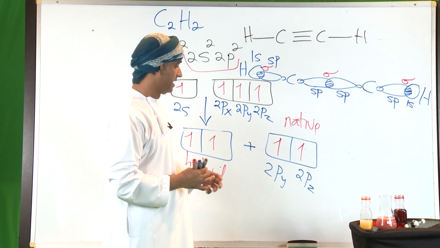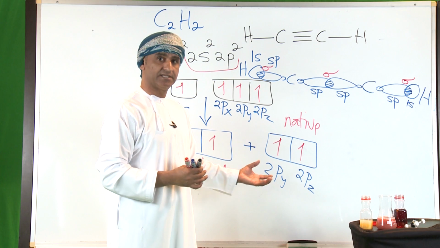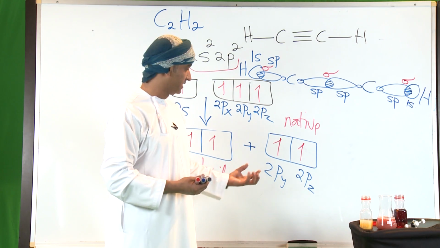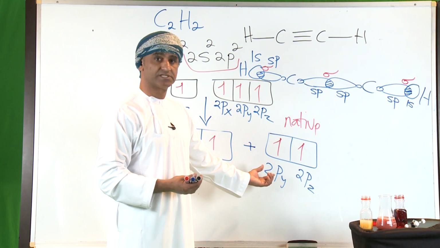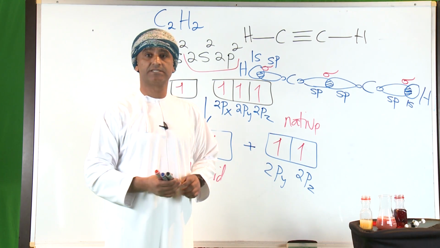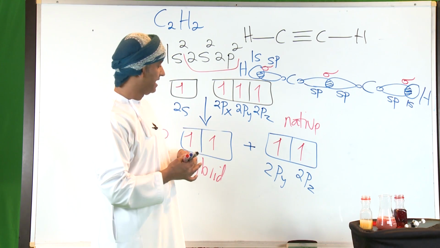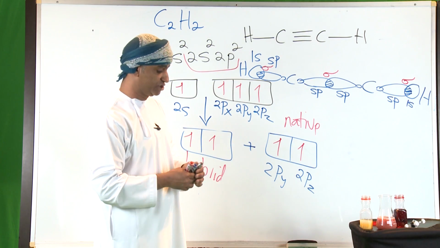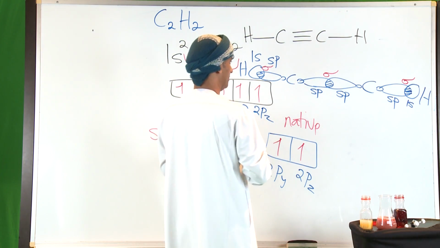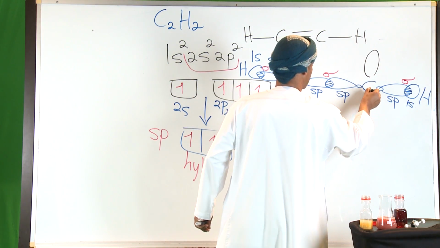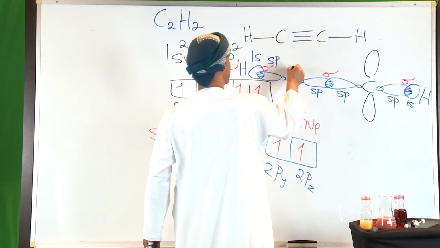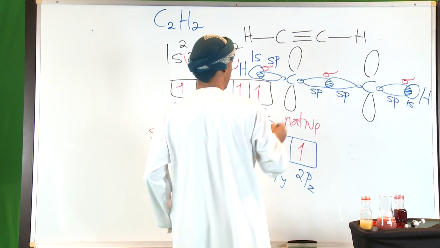Okay. Now, to get a representative picture of bonding in this case of acetylene, we have to take obviously into account the unhybridized p orbitals, and there are 2 of them unhybridized on each carbon. So this is one of them. That's like 2py on that carbon and 2py on the other carbon.